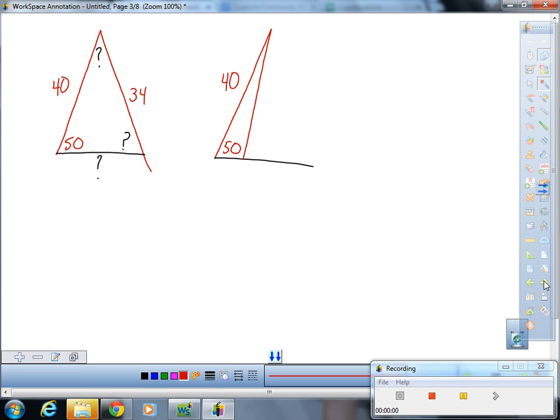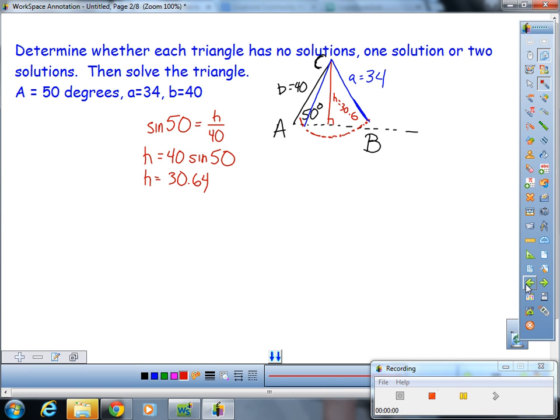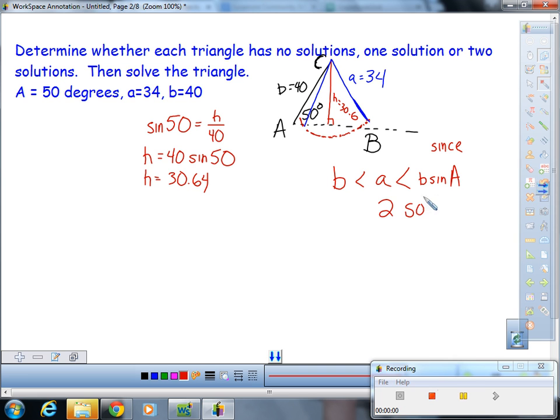Oops, that's the wrong way. So, since B sine of A is less than A, and A is less than B, now we know that there are two solutions, okay?